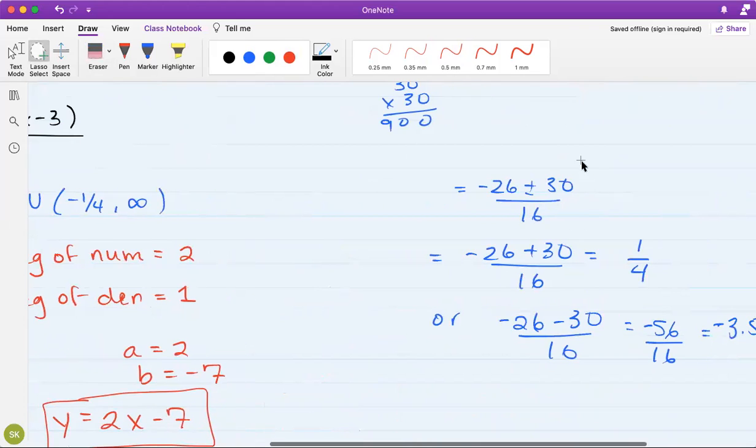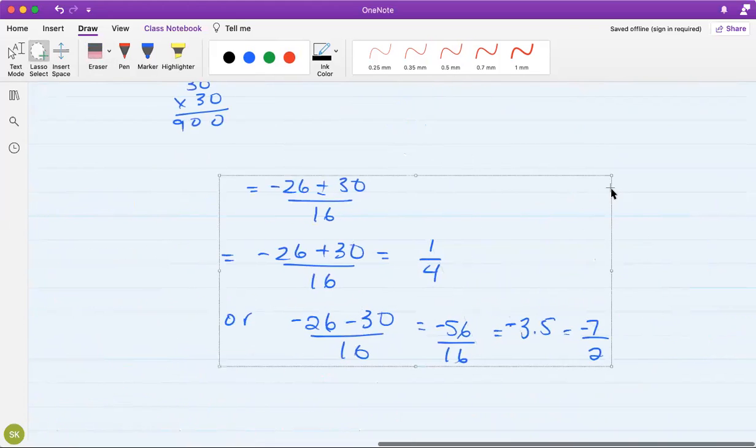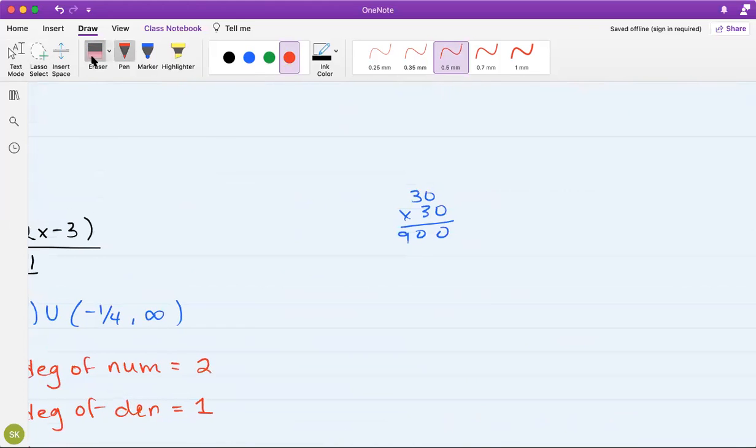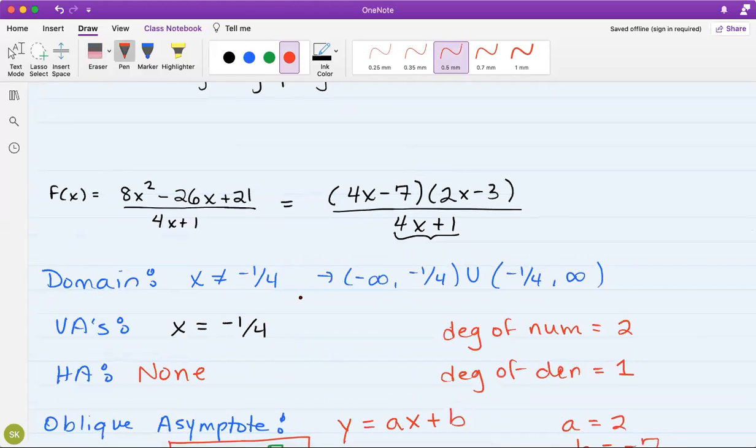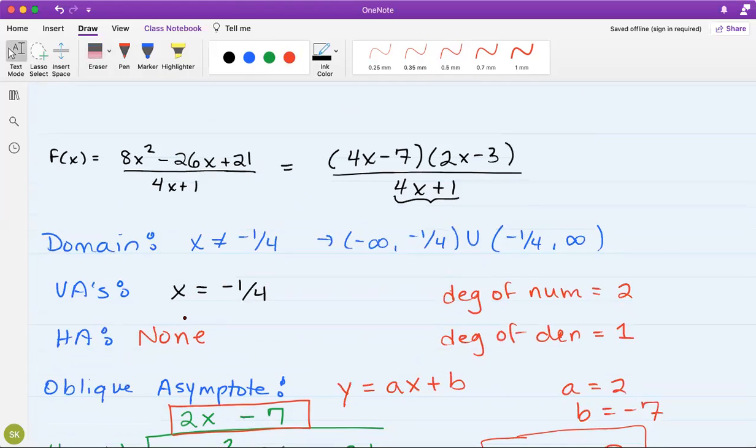Just got some stuff over here, so let me just get rid of that real quick. Okay, so what I'm going to do is I'm just going to kind of sketch a plane, and then I'm going to put the vertical asymptotes and the oblique asymptote just to get an idea of what's going to happen.